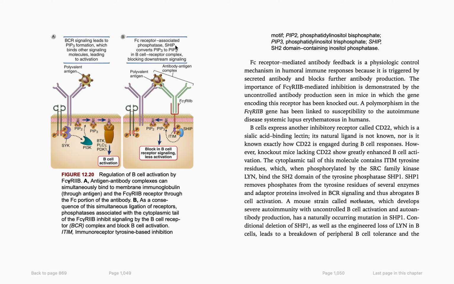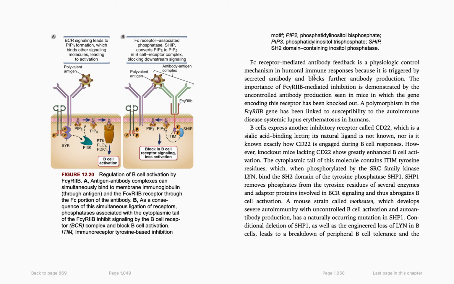So normal Fc receptors, regulation of B cell activation: antigen-antibody complex can simultaneously bind to the membrane immunoglobulin through antigen, and Fc receptor through the Fc portion of the antibody. As a consequence, this simultaneous ligation of receptor recruits phosphatase associated with the cytoplasmic tail of Fc receptor, which inhibits signaling by B cell receptor. The complex blocks B cell activation. ITIM, immunoreceptor tyrosine-based inhibitory motif.